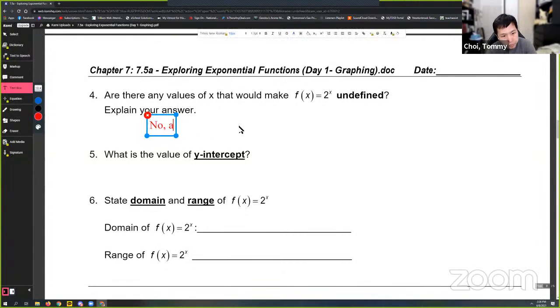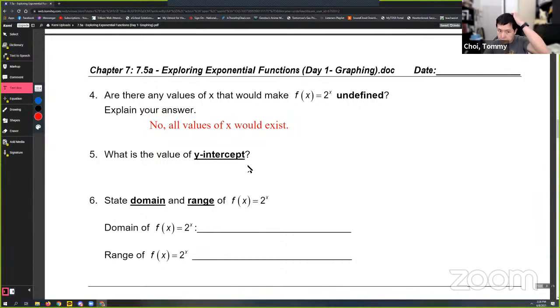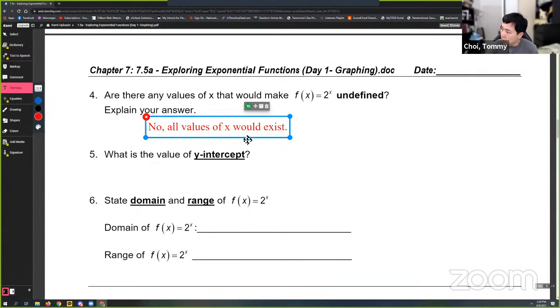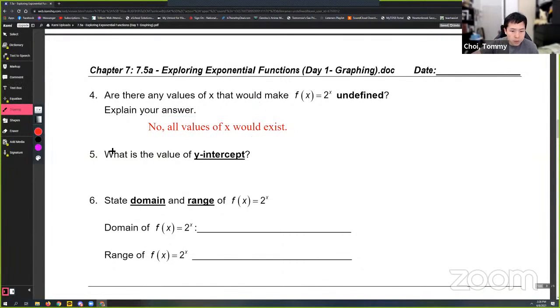No. All values of x would exist. No, it doesn't matter what you plug in. So in other words, domain, what's the domain? It's all real numbers. There's no limit to what x can be. What is the value of the y-intercept? It's 0, 1, as we saw.